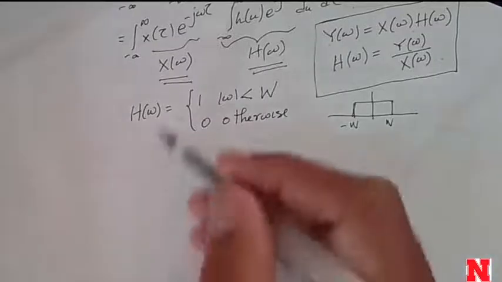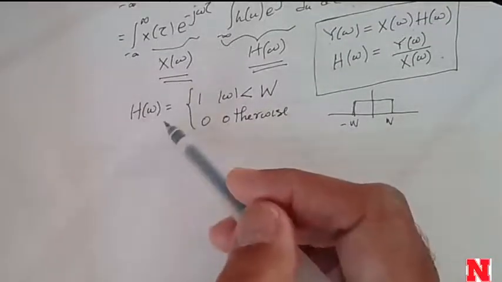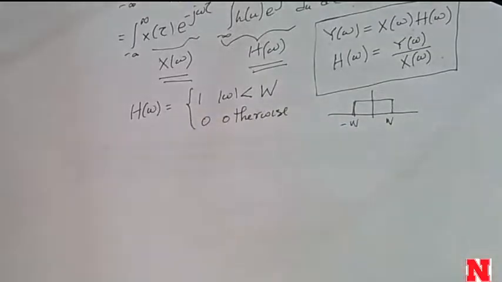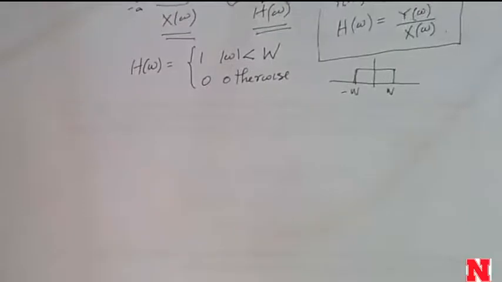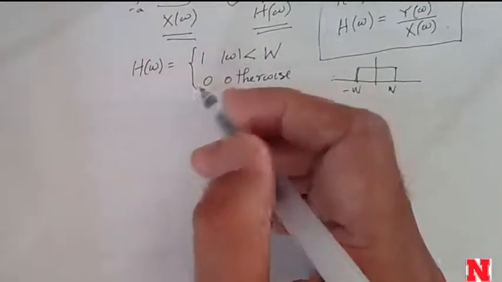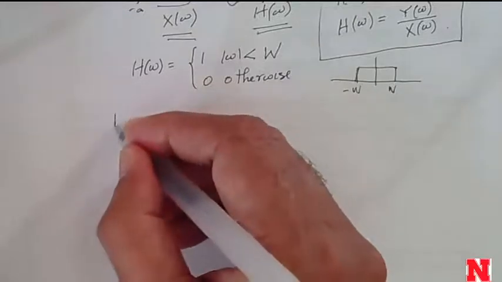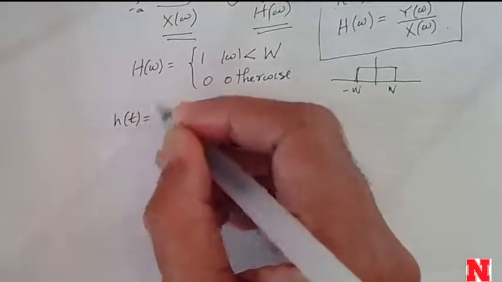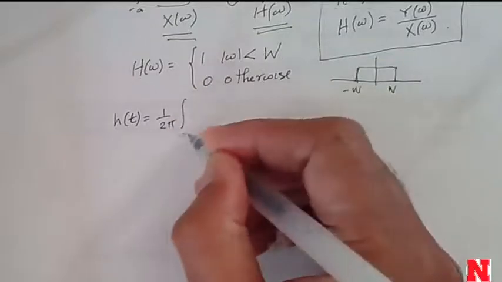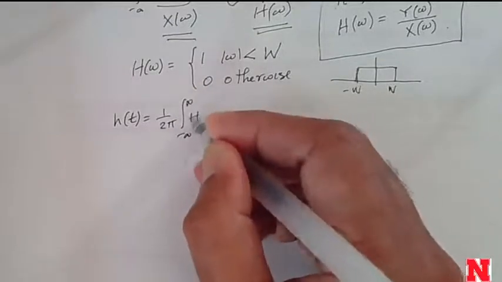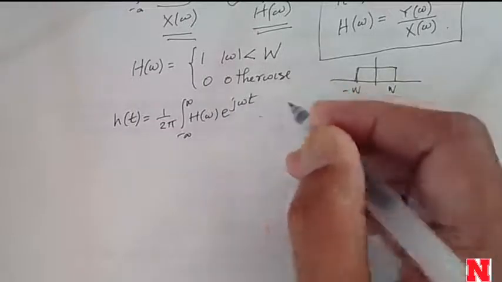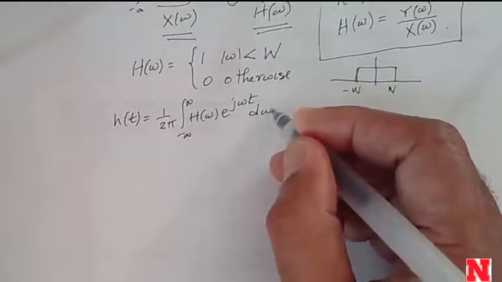In order to show you, I'll take the inverse Fourier transform of this to come up with the impulse response. And then using our knowledge of the impulse response, we can see why this is not a realistic filter. So h of t is the inverse Fourier transform of H of omega, which is 1 over 2 pi integral from minus infinity to infinity, H of omega, e to the j omega t, d omega.